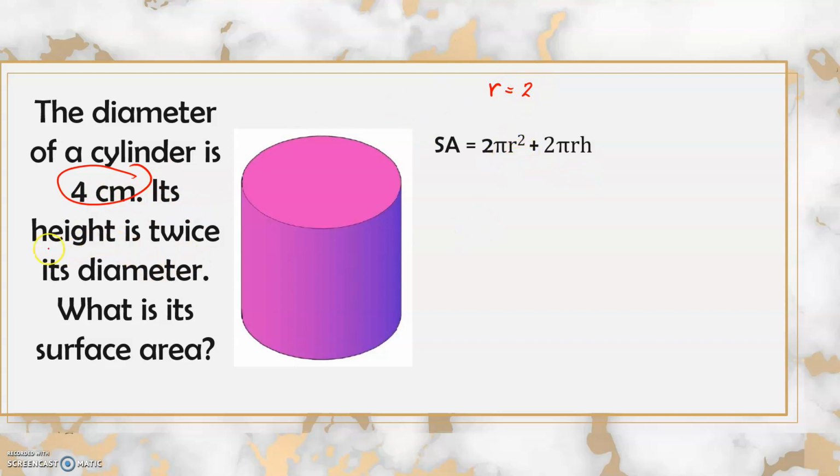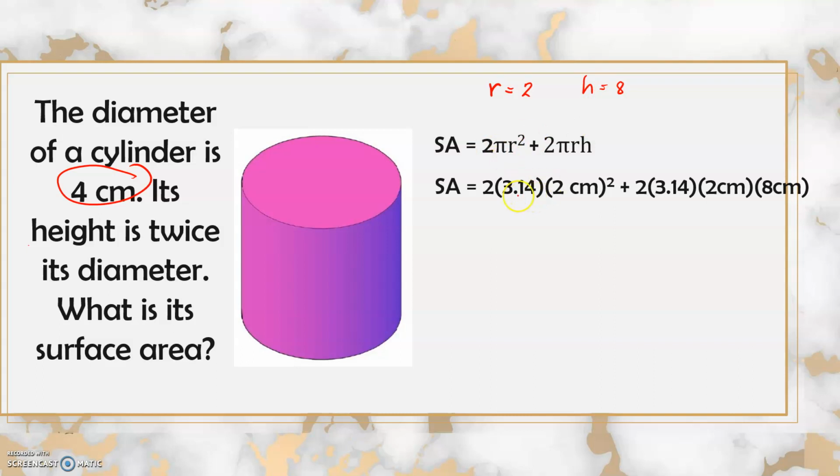Now for the height, it is stated that the height is twice its diameter, meaning we have to double the diameter. So if the diameter is 4 centimeters, it follows that the height of the cylinder is 8 centimeters. Since we now have our radius and our height, we can substitute this given information in our formula.